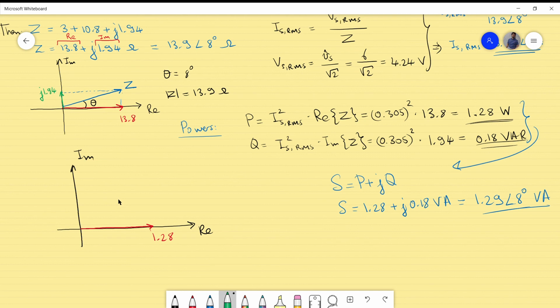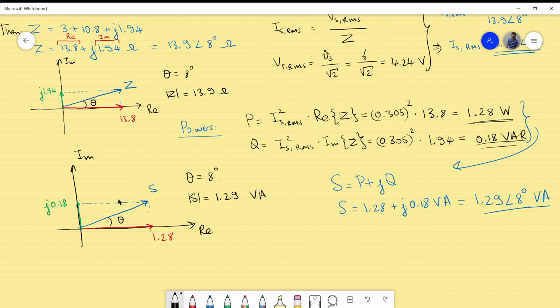There is a reactive part which is J 0.18, and there is the total of that, the vectorial sum, which is the S here, and which has also the same phase theta. So theta here again 8 degrees, and S actually in amplitude will be 1.29 volt amperes. Alright, that's actually the situation here.